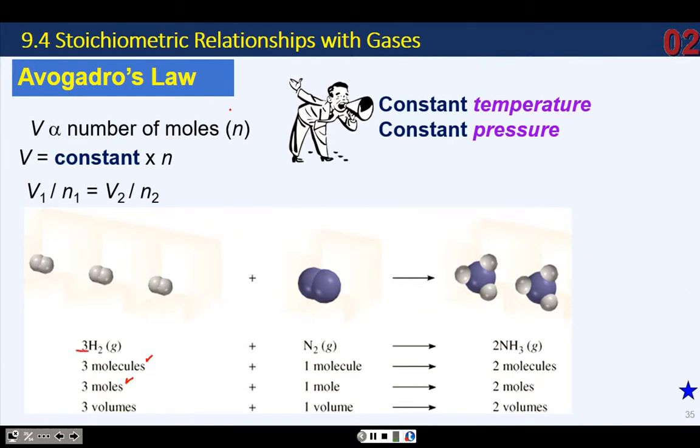In other words, 3 moles of hydrogen react with 1 mole of nitrogen to make 2 moles of ammonia. That's another way of interpreting those coefficients. But the third way now, realizing that volume and moles are proportional to each other, directly related by a constant, then 3 volumes of the hydrogen could be combined with 1 volume of the nitrogen to give us 2 volumes of the ammonia. Interesting way of thinking about it.